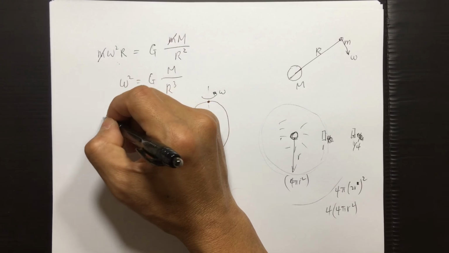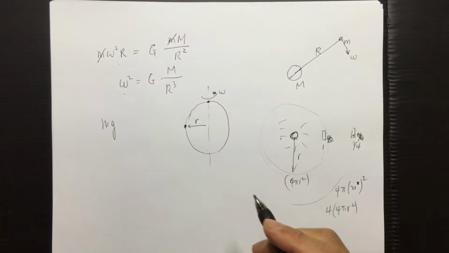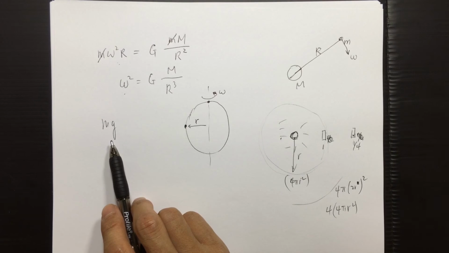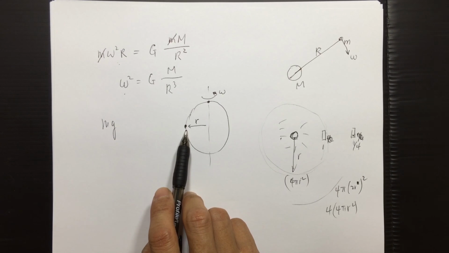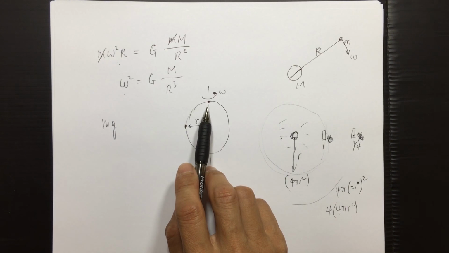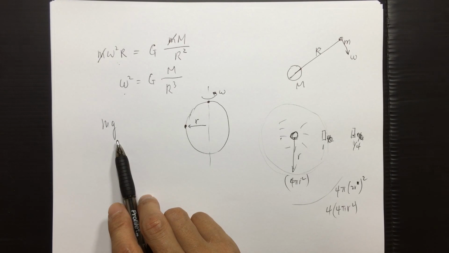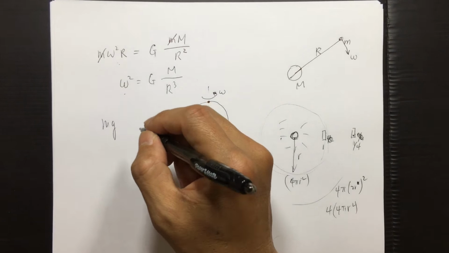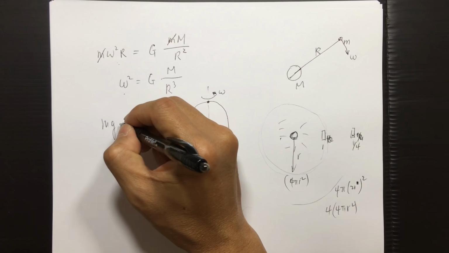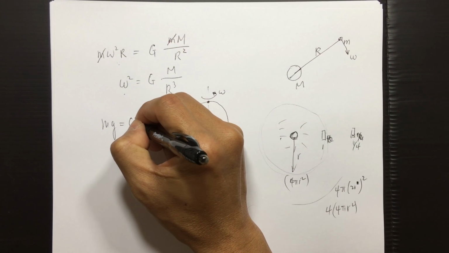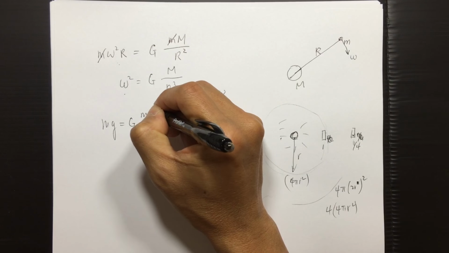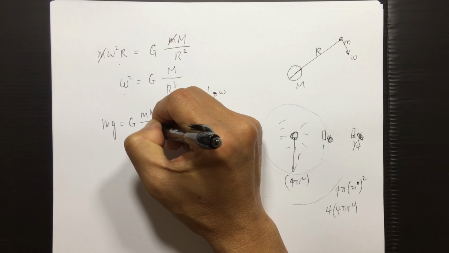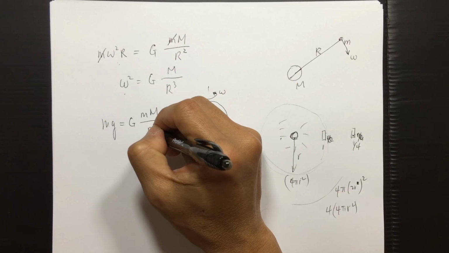The mg you're feeling here is G times your mass times Earth mass over R squared.